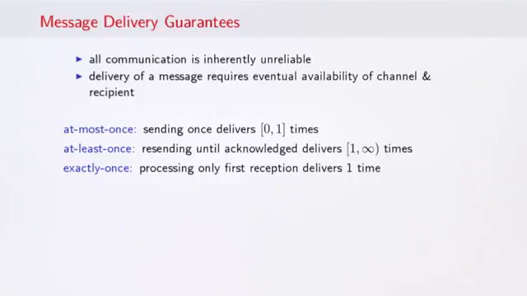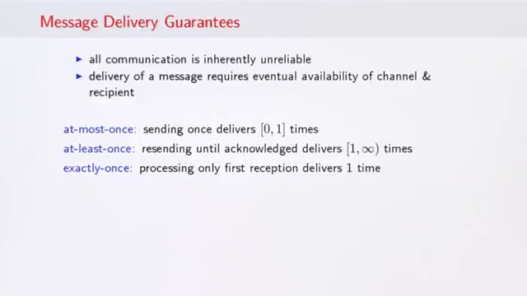If we keep resending a message until we receive an acknowledgement, that means we will resend it until it has been processed, so it will be received at least once, but up to an infinite number of times, because the acknowledgement itself might be lost, and we will keep resending it until that is also successful. If we keep state at the receiver to make sure that only the first received message is processed, then we can ensure that the message is processed exactly once.